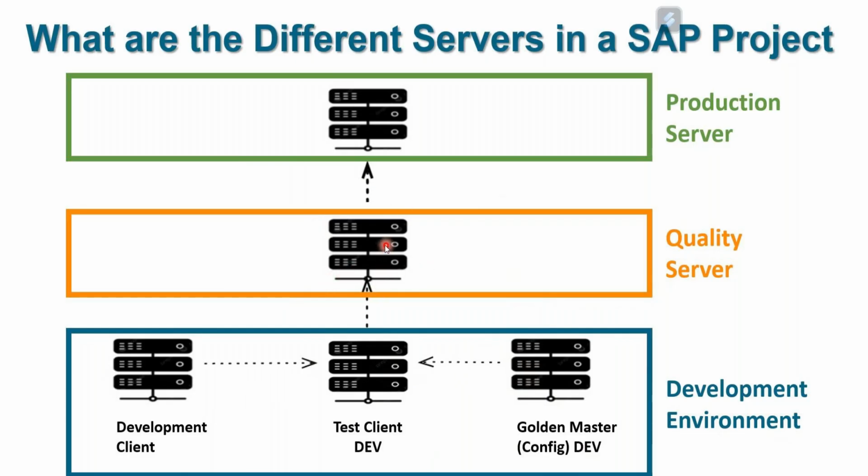Finally, from here to here, you are only going to move changes which have been tested by you and approved by the customer. Things in the quality server will only move to the production server once they have been tested by everyone and signed off by everyone. The production server is the server, the computer, which is the truth.